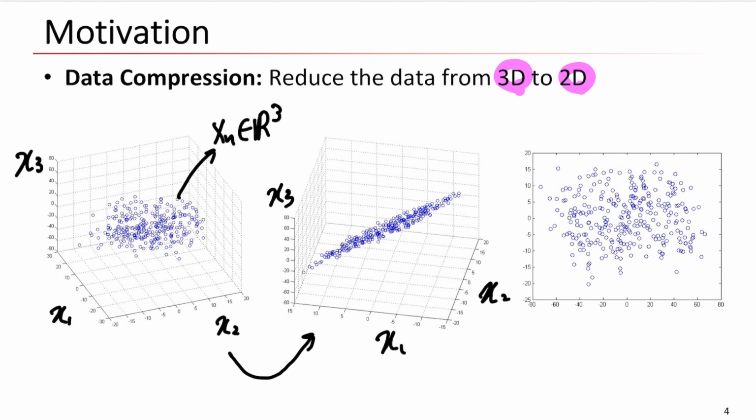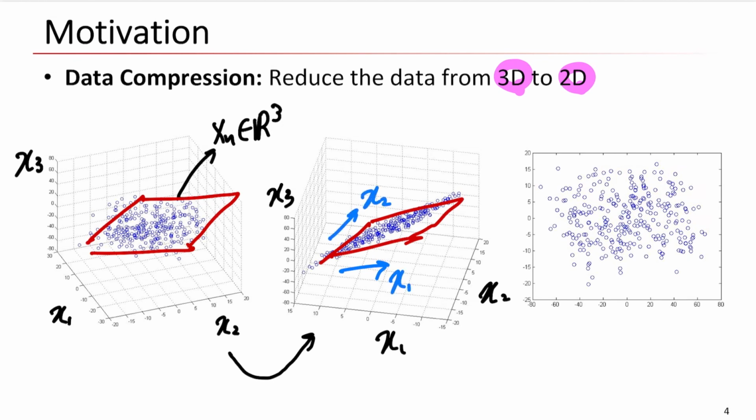Okay, so here we want to find the new space in 2D, something like that. So this is the same plane but in a different view. Then we find the new axes, or the new coordinates, let's say y1 and y2.